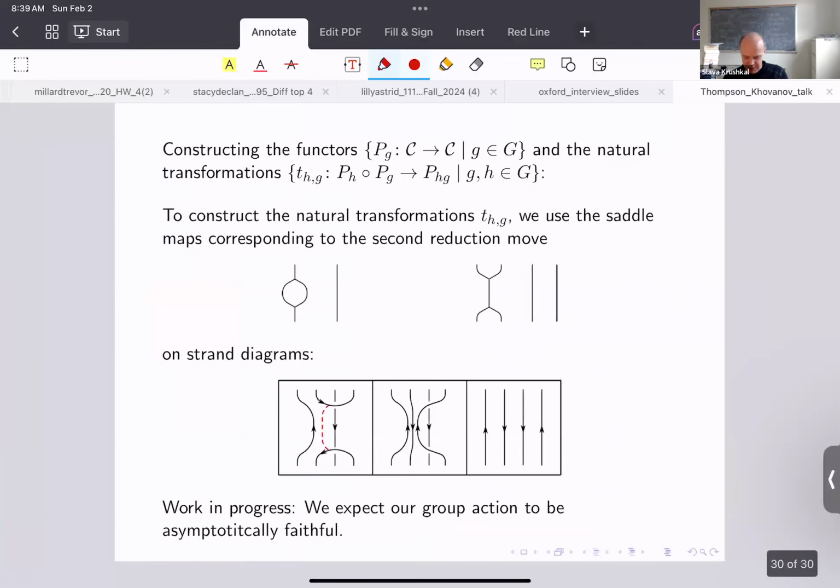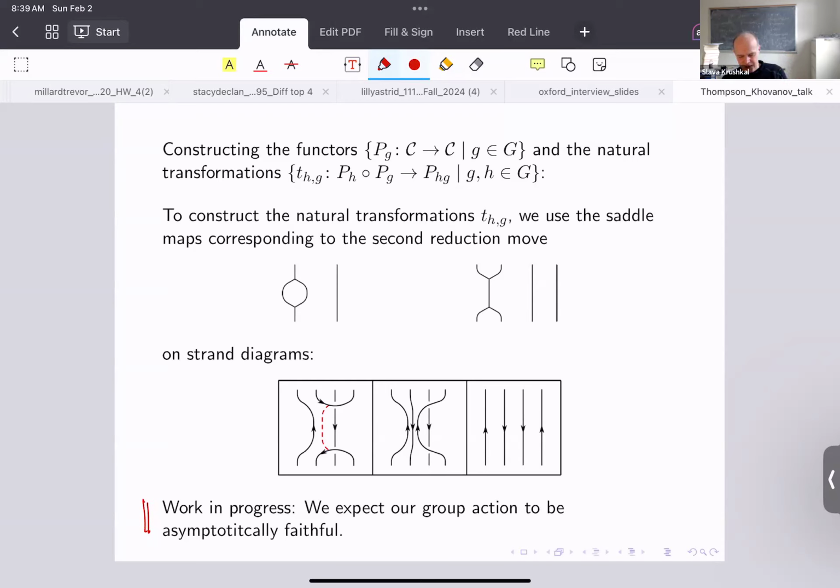And let me just conclude by saying that earlier in this talk, I mentioned that we have a symplectic faithfulness result for tangles. So if you have 2 Thompson group elements, say G and H, then for sufficiently large K, the tangles that you get that are associated to these 2 group elements are going to be distinct.